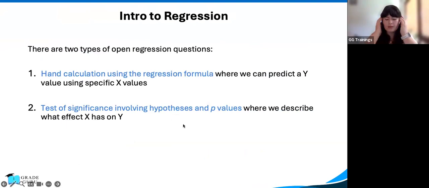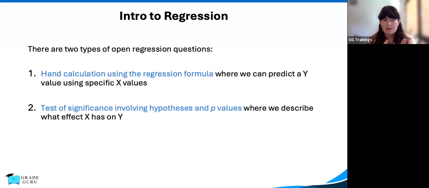For the sake of your open regression questions, guys, I guarantee you there's going to be an open regression question, because they haven't tested you on it yet. So they need to test you on it. It's going to be there. There are two types of open regression questions. The first one is a hand calculation using the regression formula, where we're able to predict the Y value using a specific X value that they provide in the question.